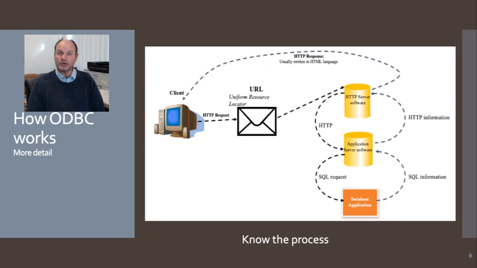HTTP is the protocol which transfers and communicates data. The web server will then convert this HTTP file into HTML, the program that web pages are made in, and sends this to the client over the internet.